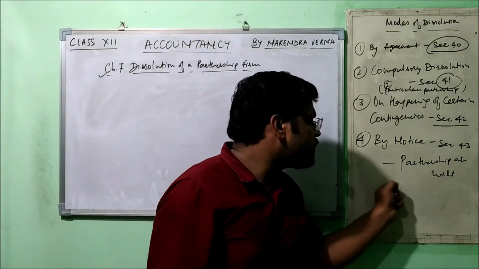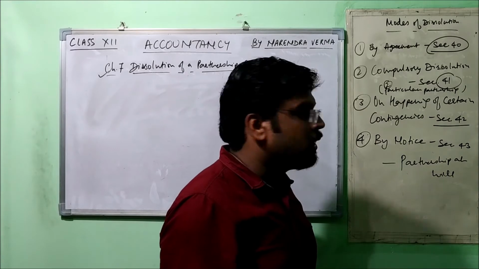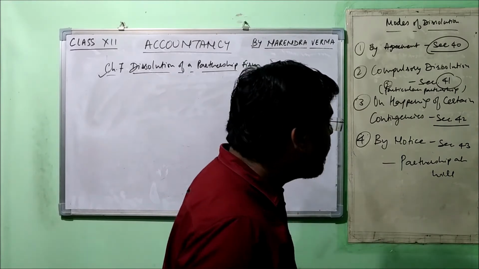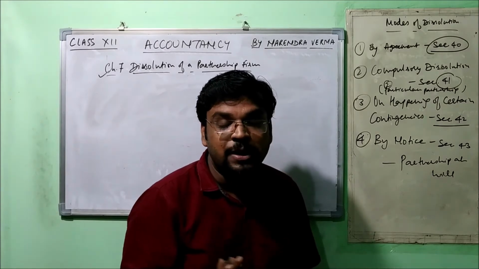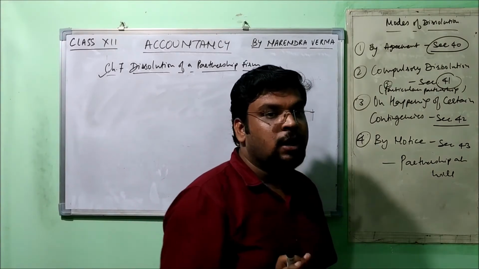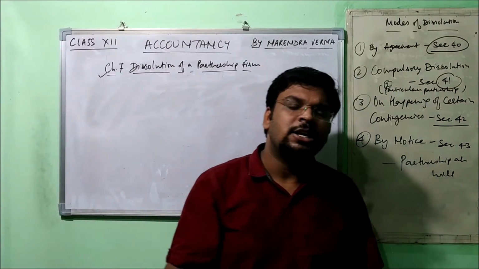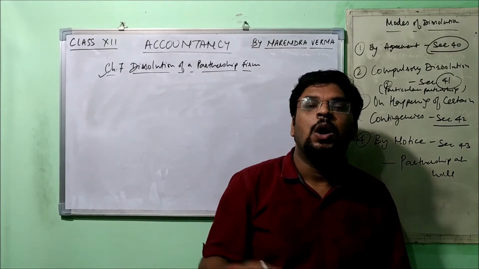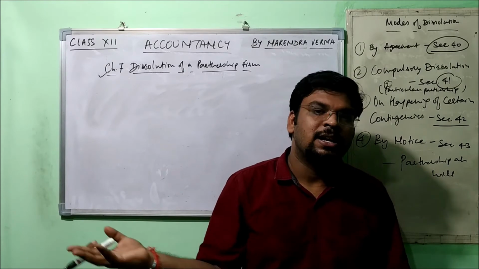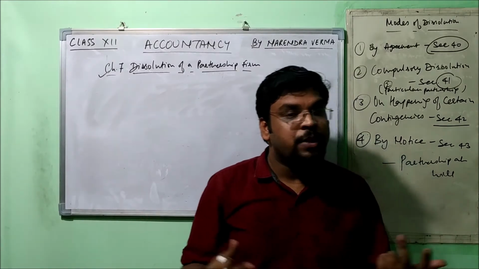And for partnership at will, this by-notice mode of dissolution will be applicable, right? By default it is considered that you have partnership at will, because if you do not mention the timing or the completion of any venture, then it is considered that you are having the partnership at will.